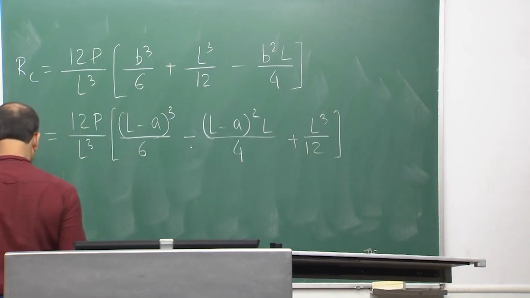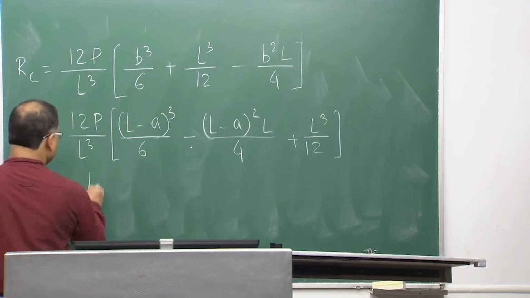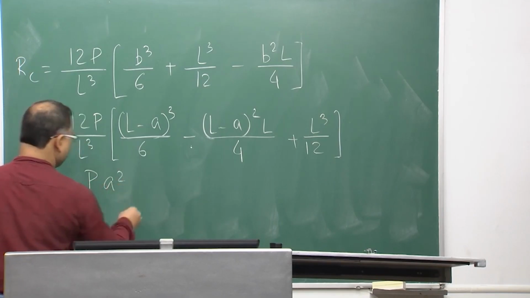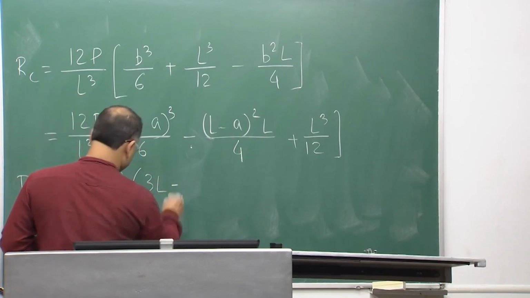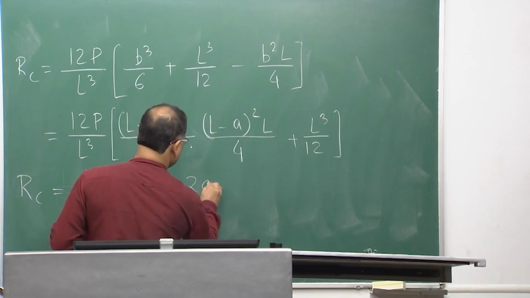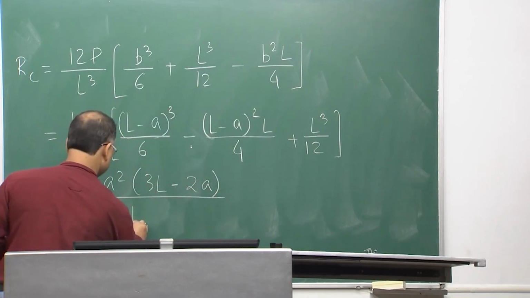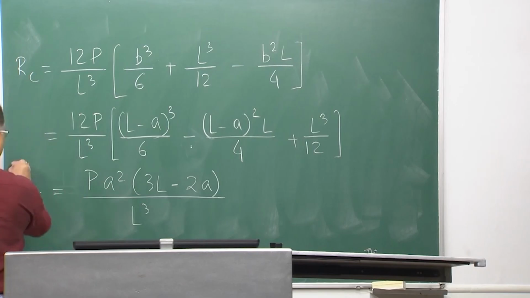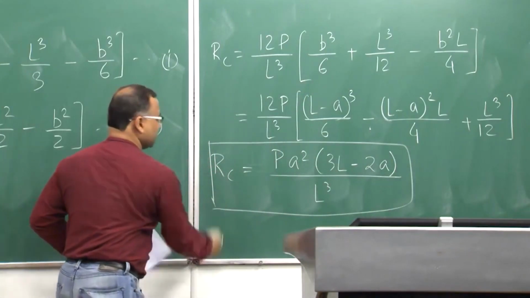Ultimately I will be getting RC equal to P A square. If you do further simplification, you will get (3L minus 2A) by L cube. Can you recognize this expression?